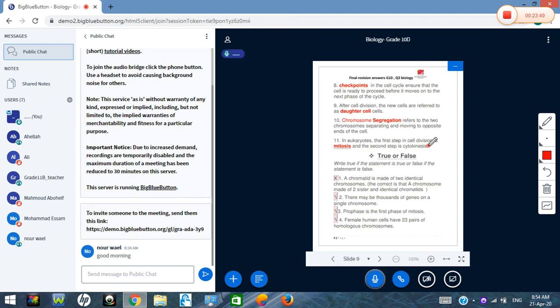In anaphase, the chromosomes that hang by spindle fibers are separated into 2 halves. Each group of chromatids migrates to the pole of the cell or the end of the cell. So the answer will be chromosome segregation.